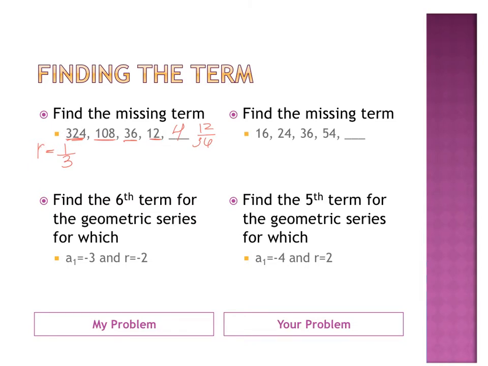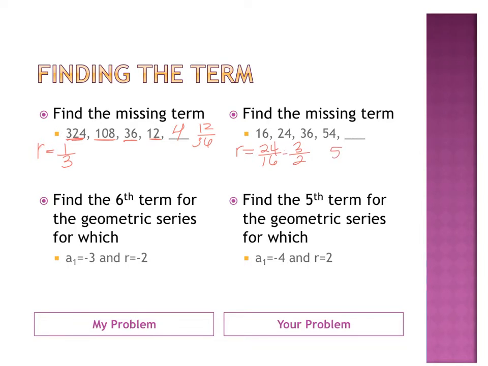So if I don't see right away what I'm multiplying by, I can use my calculator and divide. r is going to be 24 divided by 16, which is what when I reduce it? 3 halves, right? Because I can divide 24 and 16 by 8.